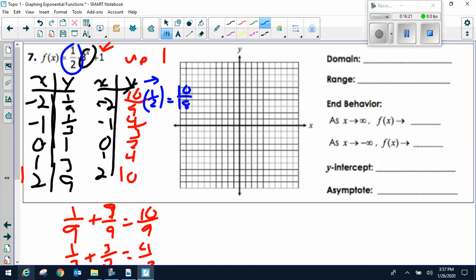So -2, about right there. And you're going to do your best to judge it. 4 over 3 times 1/2 is going to give you 4 over 6, which is just 2/3. 0, 2 times 1/2 is going to be still at 0, 1.